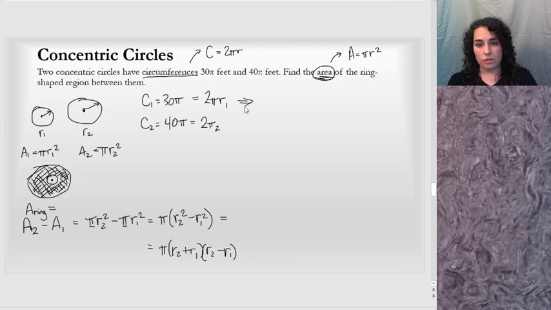When I solve these two equations, if you need to, you can pause for a moment. I divide by 2 pi on both of these equations, right? Divide by 2 pi here and 2 pi on this side of this equation. So R1 equals 30 pi divided by 2 pi, which is 15.